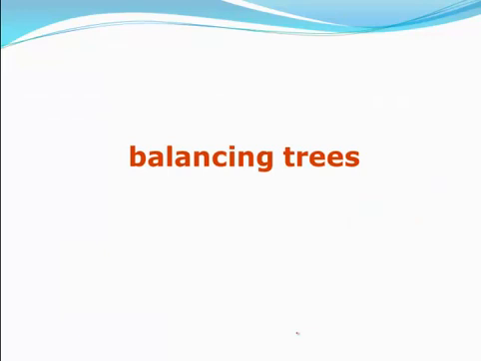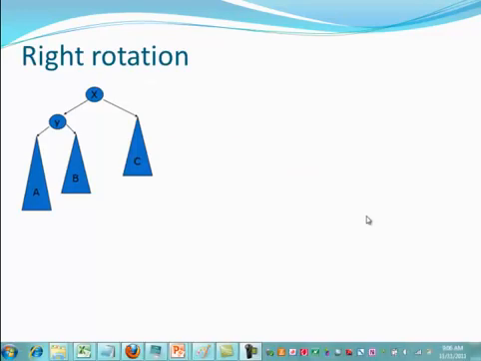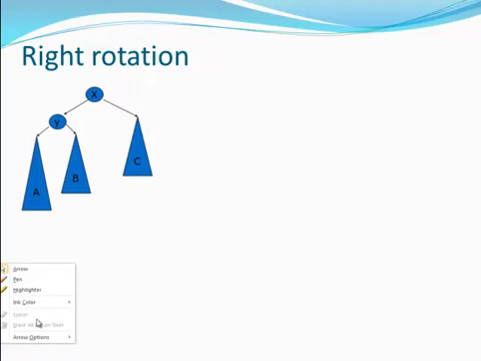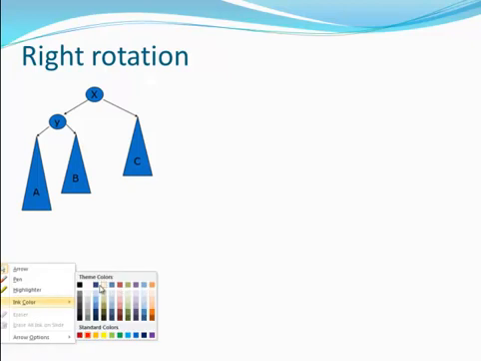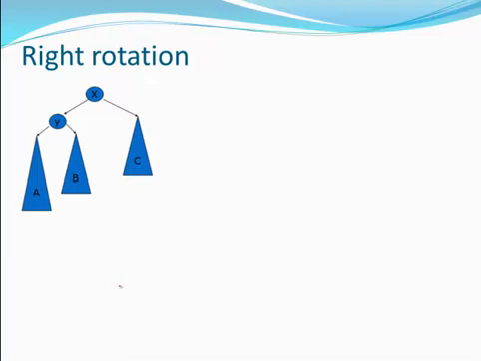If we work with that invariant, which we call the AVL invariant, where we talk about height differences as opposed to the number of nodes, we need to develop a method to balance trees. So let's start with the notion of a right rotation in order to balance trees.